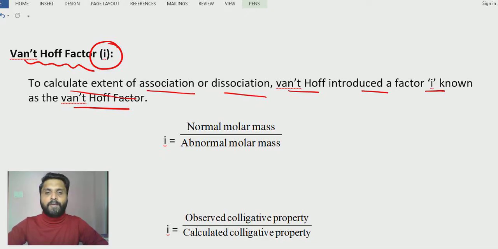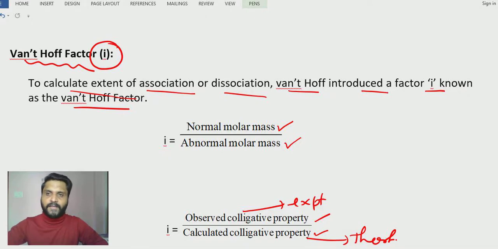It is the normal molar mass divided by the abnormal molar mass. This will come across in the experiment. Also, there is one more formula: observed colligative property divided by the calculated colligative property. Observed means the experimental value, and calculated means the theoretical value.